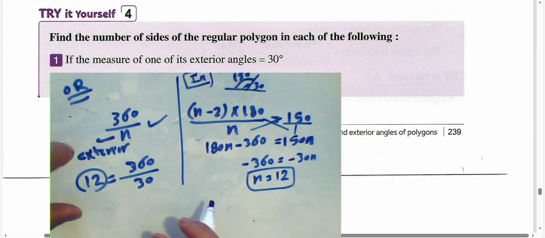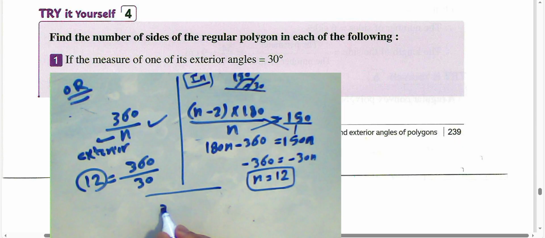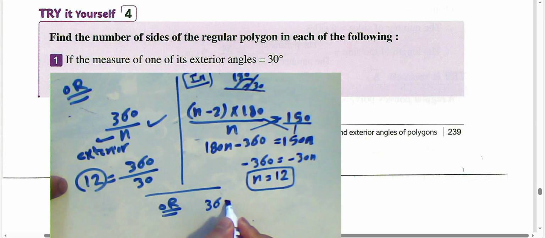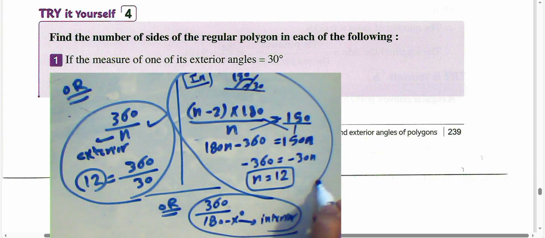So if the example gives you the exterior angle, you can use this, or you can also use this rule: 360 divided by 180 subtract x, where x is the interior angle. So we have three solutions for this question.